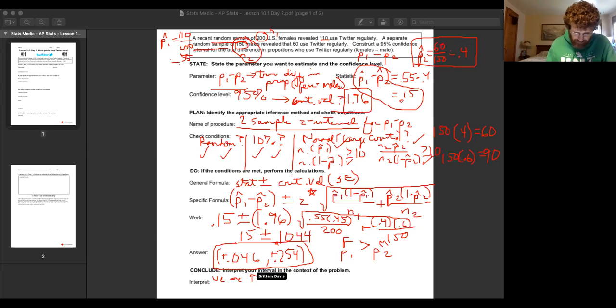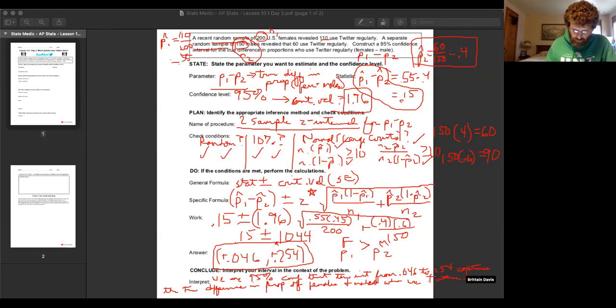We are 95% confident that the interval from 0.046 to 0.254 captures the true difference in proportions of females and males who use Twitter. Okay.